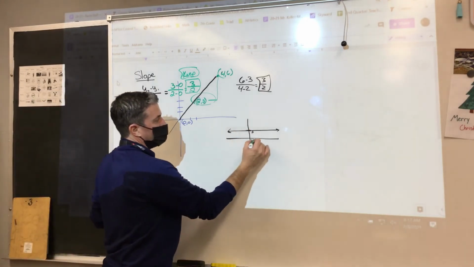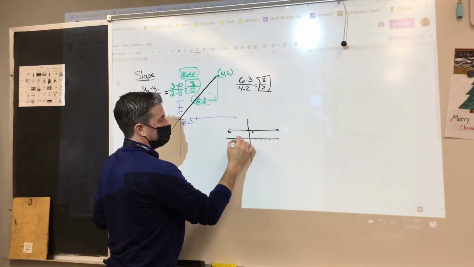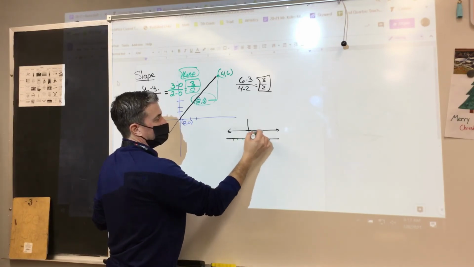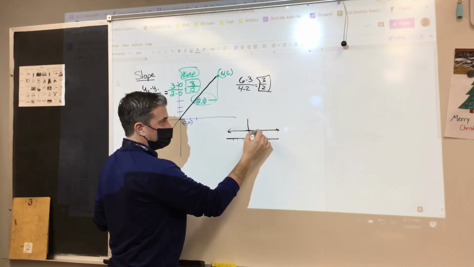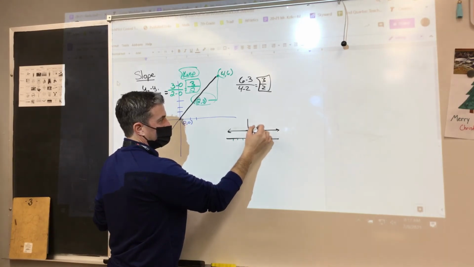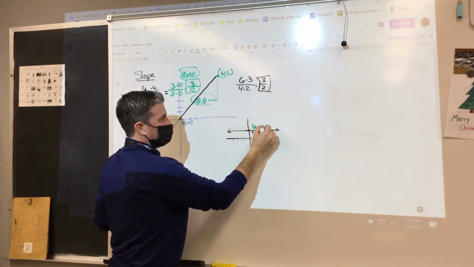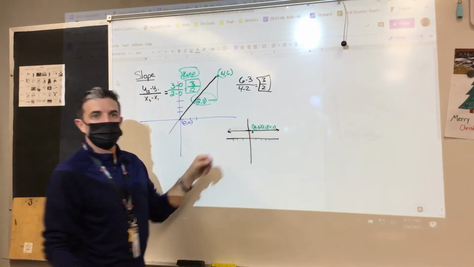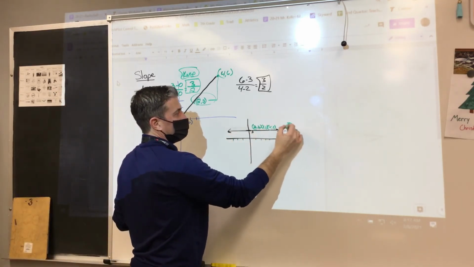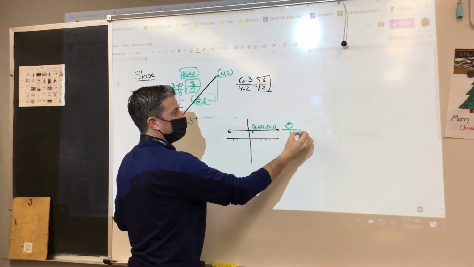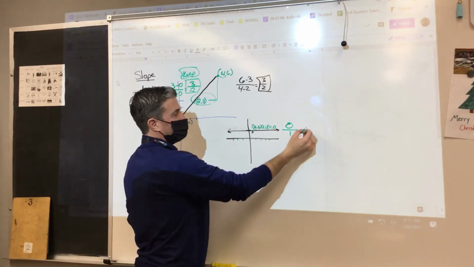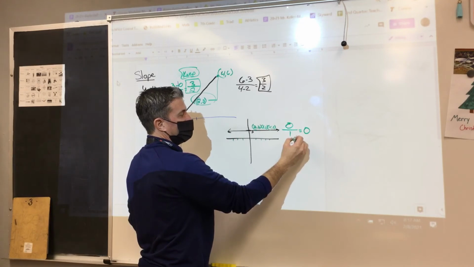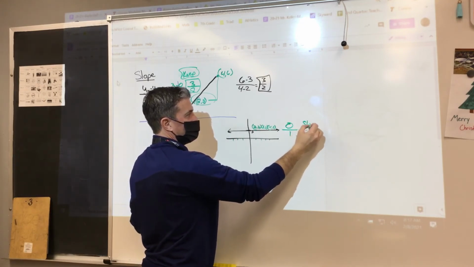So really what you're doing there is you're just going over x, right? If you look at it, let's say 2, 3, 3, 3, 4, 3, right? Just going across, right? So the answer there is 0, which means it's a 0 slope.